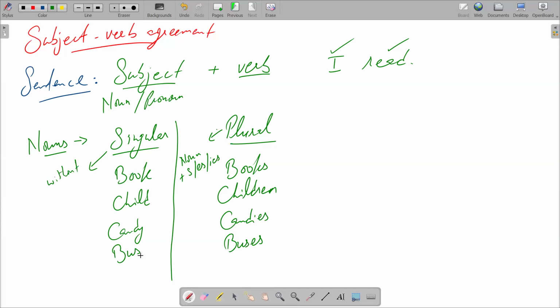So there's no S or ES or IES in addition. The S in bus is part of the actual word. You won't remove that, it won't be like bu. What's being added is ES. So it's pretty simple. Now, this is about nouns.